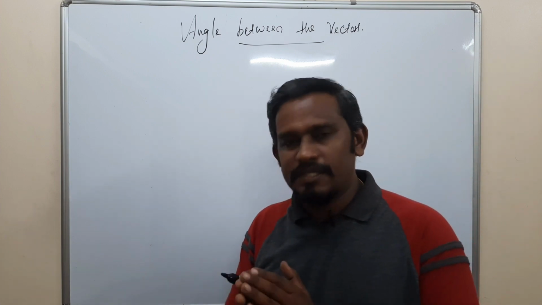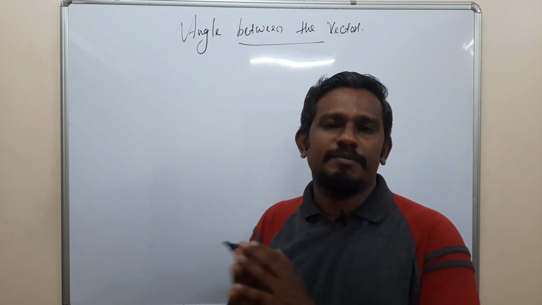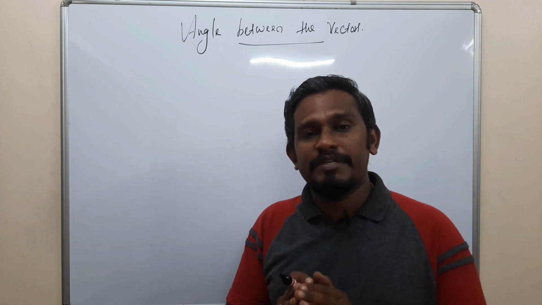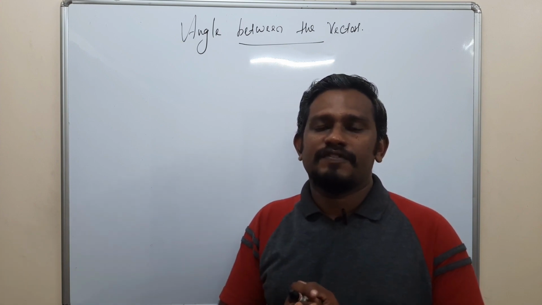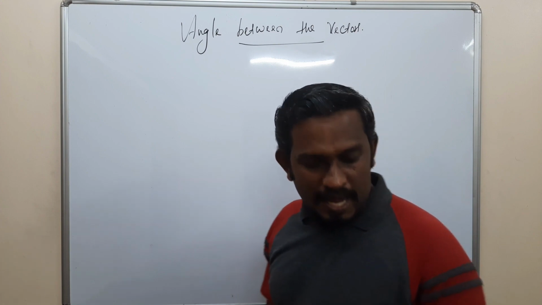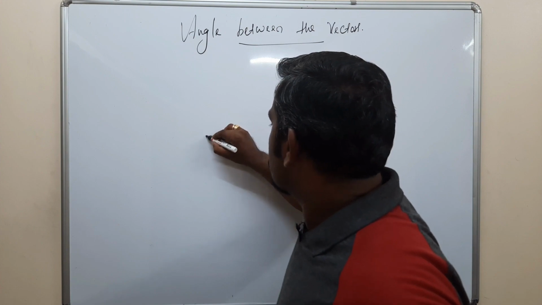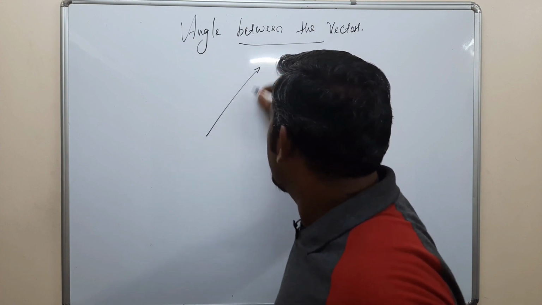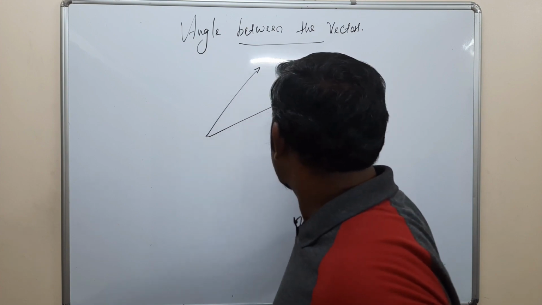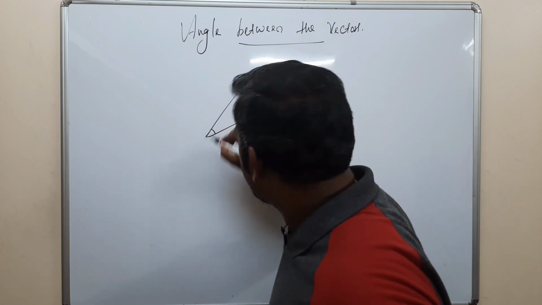So the angle between the two heads we can consider as the angle between the vectors, or the angle between the two tails of the two vectors we can consider as the angle between the two vectors. So suppose this is a vector and this is also a vector.